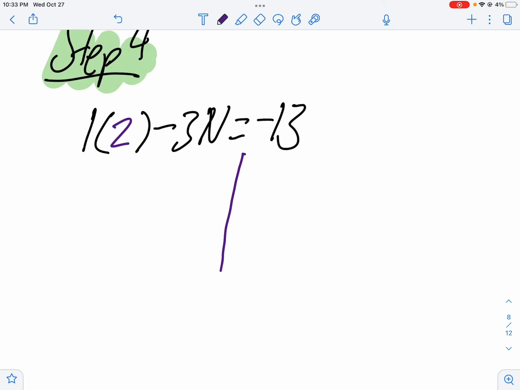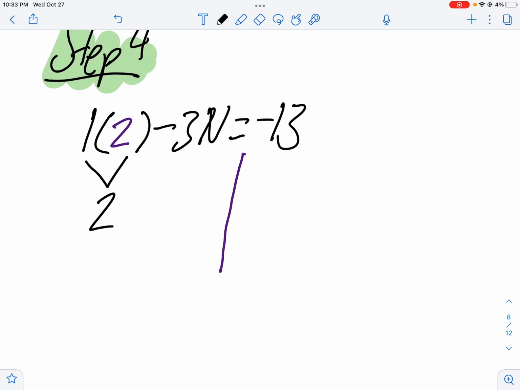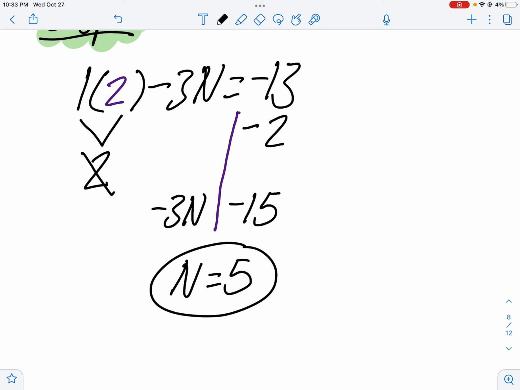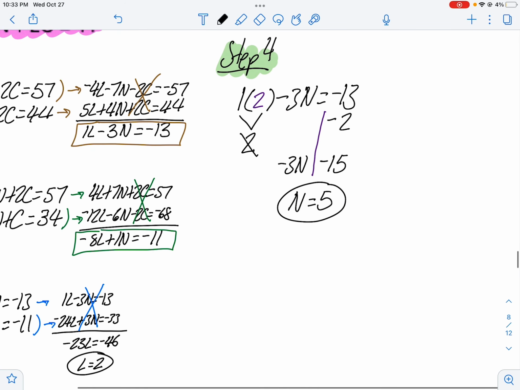So I draw my line of separation. 1 times 2 is 2. Well, I'm going to move 2 over and make it a minus 2. So I'm left with negative 3N, and I'm left with negative 15 here. Well, negative 3 times what is negative 15? And the answer is 5. Negative 3 times 5. So that is step 4.